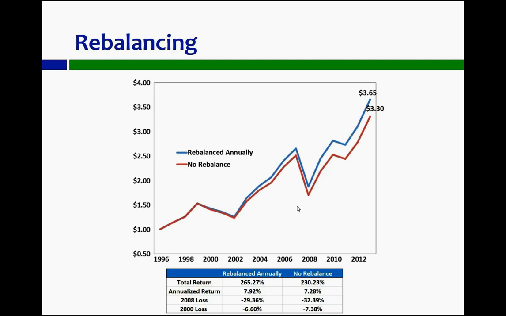This chart is a hypothetical portfolio of several Vanguard funds: some total stock market index, some small cap funds, international stocks, emerging market stocks, and bond market funds. This goes back from 1997 to the end of 2013. And you can see here that the returns for every dollar invested were actually better for the portfolio that was rebalanced on an annual basis than the portfolio that was not rebalanced annually.